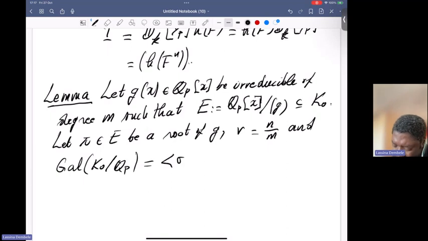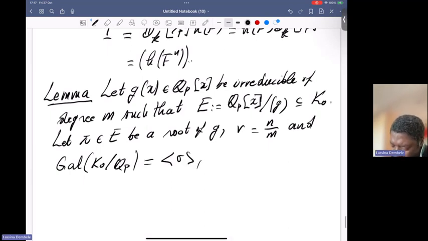So sigma lifts the arithmetic Frobenius.